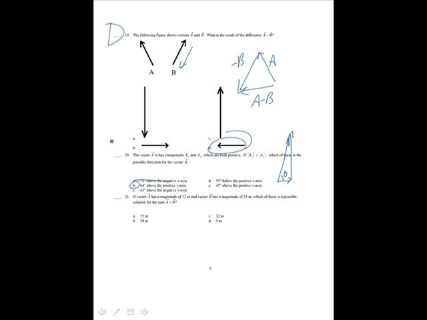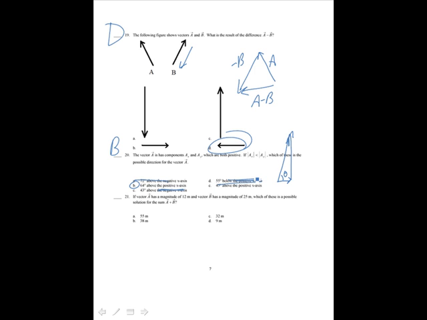Can it be 64? Yes, that's the answer, but let's look at the others. Can it be 43 above the negative x? No, because it's above the positive. Can it be 55 below the positive x? No, that would be in the fourth quadrant. That would be not correct. And 45 degrees above the positive x-axis. It is supposed to be above the positive x-axis, but 45 degrees would imply that AX was equal to AY, because that's an equilateral right triangle. So it has to be B.